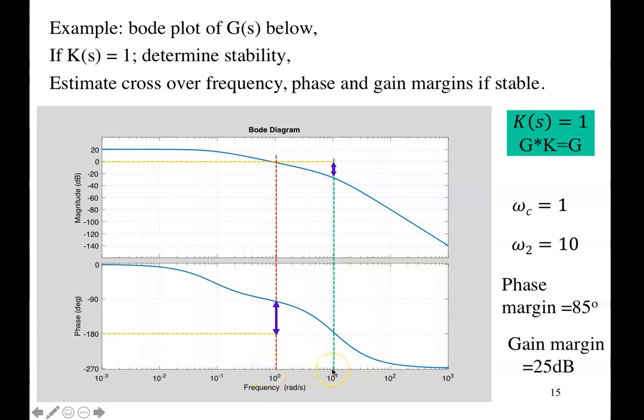The gain margin is how far the magnitude plot at omega 2 is away from 0 dB. So that will give you the gain margin.